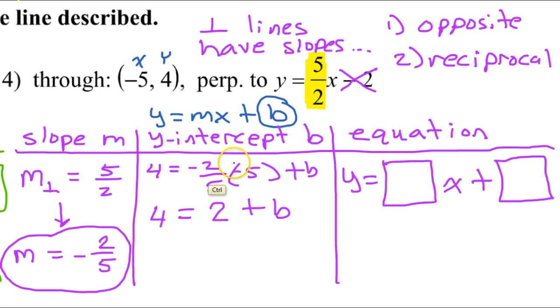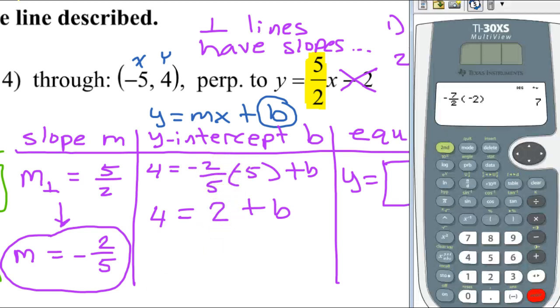Alright, if you did not follow all of that, how I got the number 2, you can use a calculator. So I could just do negative 2 over 5 times negative 5. And you'll see that the answer is 2, but basically those 5s canceled each other out.